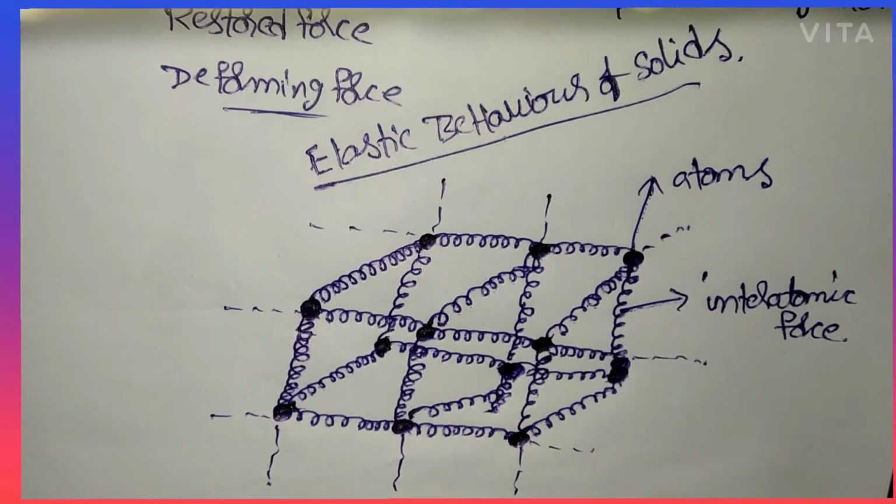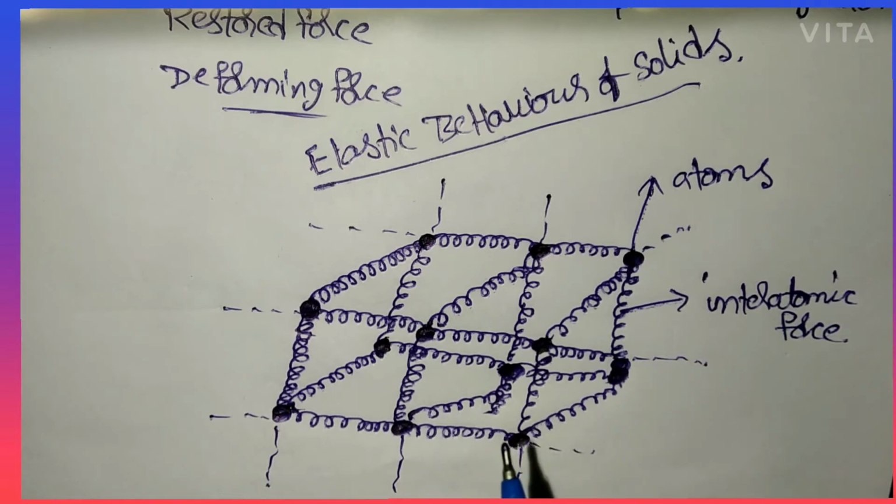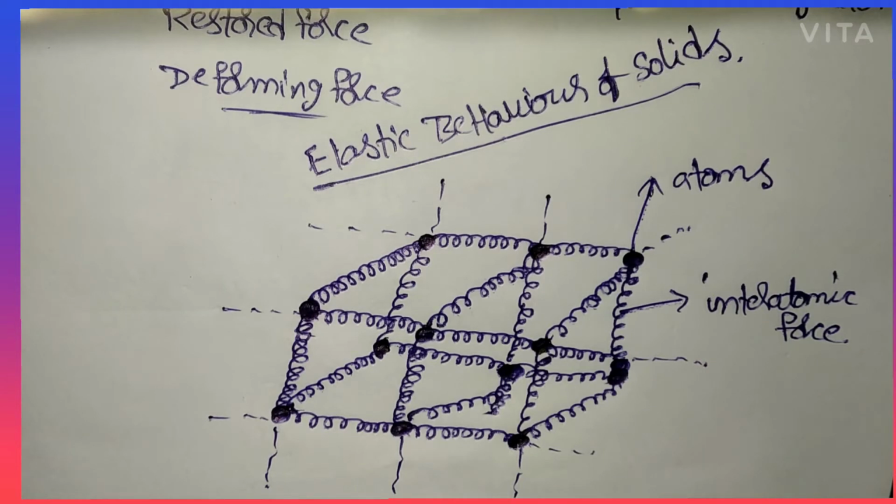If you try to displace any ball from its equilibrium position, the spring system tries to restore the ball back to its original position. Thus, elastic behavior of solids can be explained in terms of the microscopic nature of solids. This is the best example of elastic behavior of solids.